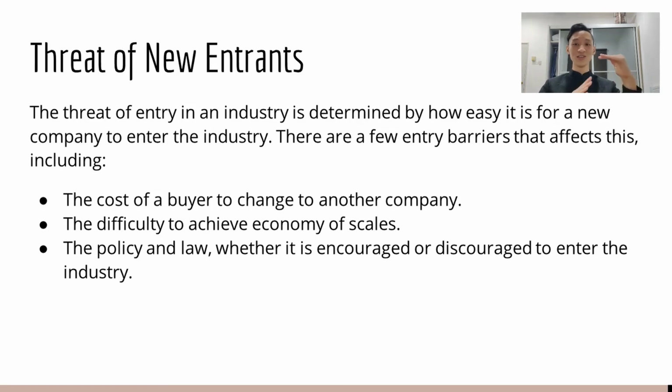They only need to achieve until this, and then they're good to go. If an industry needs this much in order to survive, then it will likely have fewer new entrants than other industries. Lastly, the policy and law, whether they encourage or discourage new entrants into this industry.